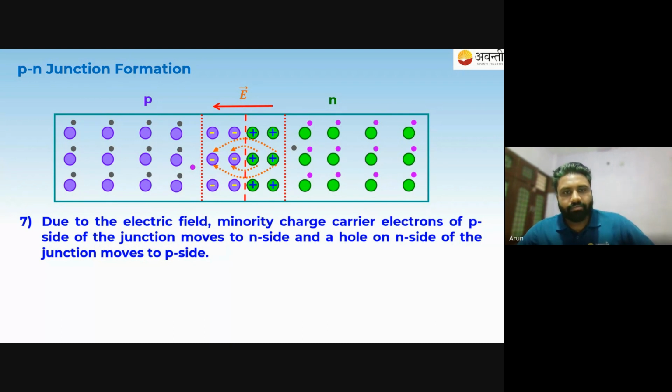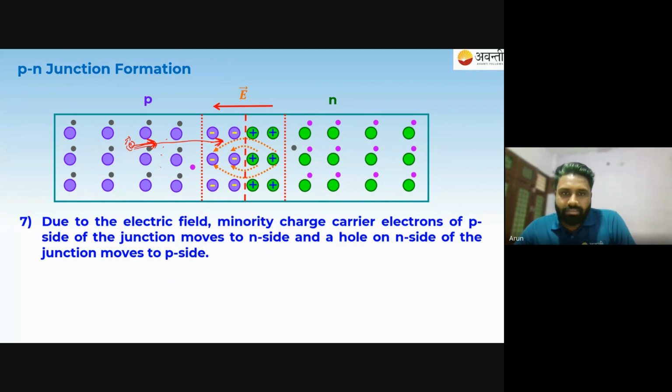Got it? Now, due to the electric field, we cannot miss the minority charge carriers, because there are minority charge carriers also. In a p-type semiconductor, we know that the majority charge carriers are holes, but the minority charge carriers are electrons. And this electric field will apply a force in the opposite direction, so these electrons try to get into the depletion layer.